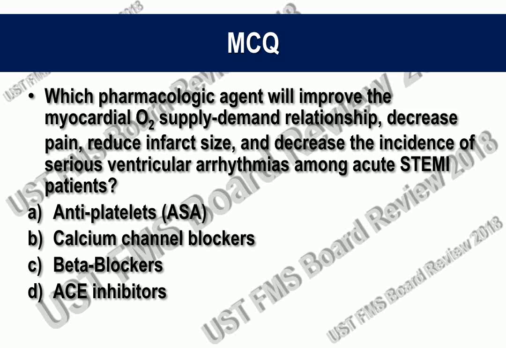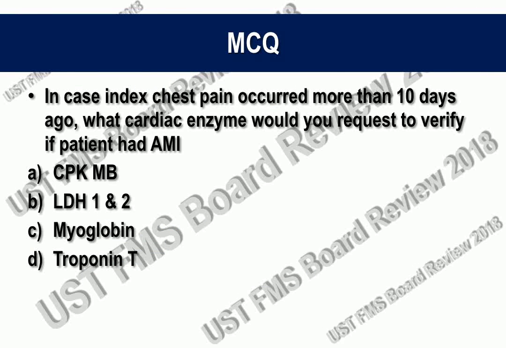So these agents are actually given for ST segment elevation, but the particular medication that does all this would be your beta blockers. So your beta blockers indeed can improve your oxygen supply-demand relationship. It can decrease pain. It has been shown to reduce infarct size. That's why we give it post-MI. And it has a protective effect against ventricular arrhythmias.